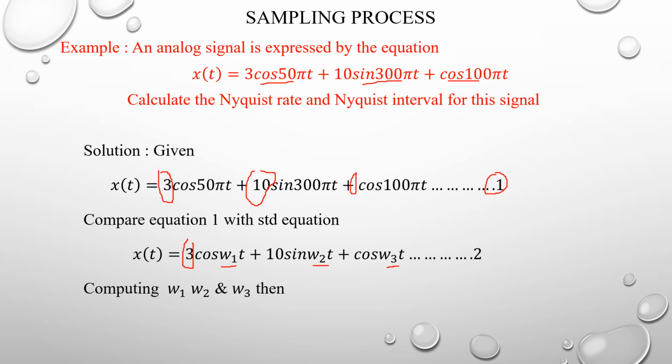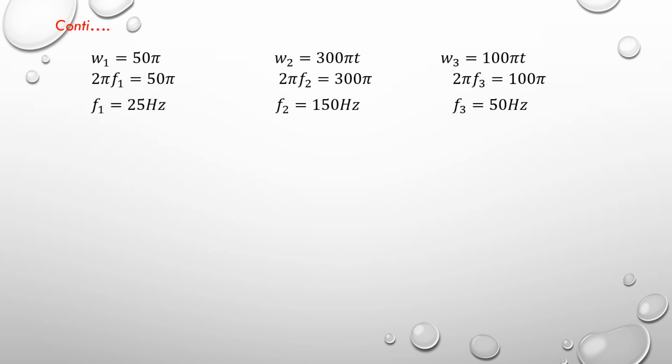Then compute omega 1, omega 2 and omega 3. Omega 1 is equal to 50 pi. We know that omega is equal to 2 pi f, so omega 1 is equal to 2 pi f1 is equal to 50 pi. Our intention is to find f1. Simply calculate this: f1 is equal to 25 hertz. Similarly, we have to find omega 2 and omega 3.